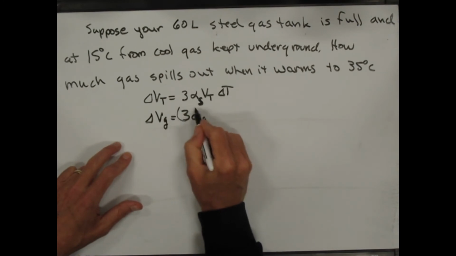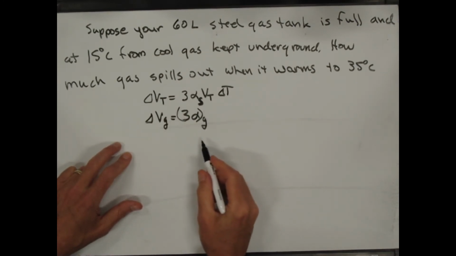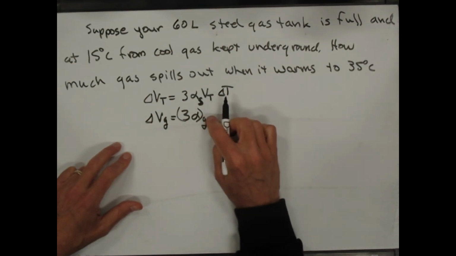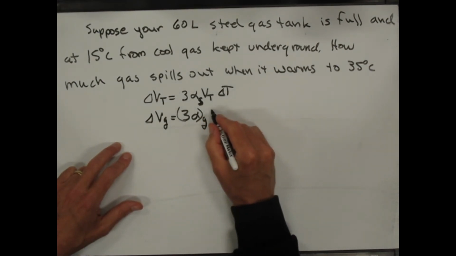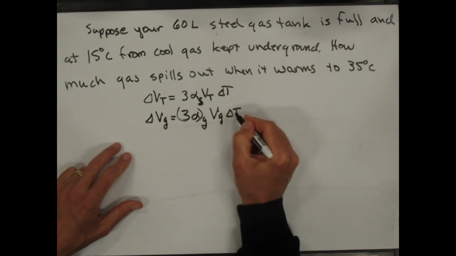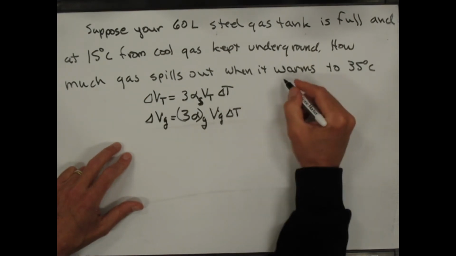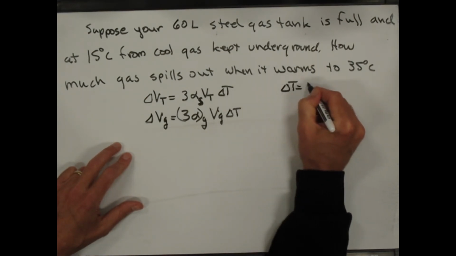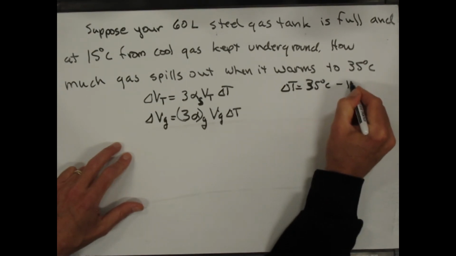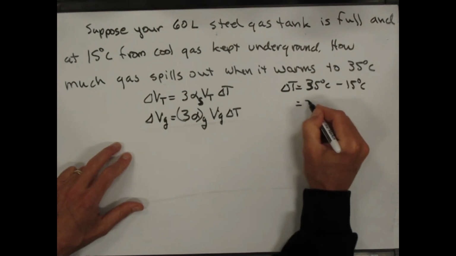The 3 alpha gas is the number that I put in the table a minute ago. And you don't have to multiply it by 3 because I already gave it the 3 in there, but we'll put that number in a second. V gas delta T. The delta T's are the same, right? Because they both go from 15 to 35, so delta T is 20.